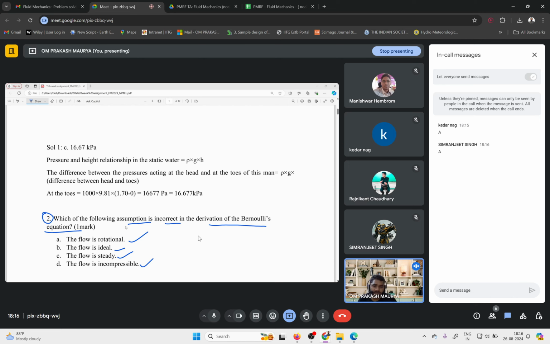Okay, Simranjit is also telling option A. Another student, if you want, write your answer in the chat box. Just refresh your mind and try to remember the assumptions behind Bernoulli's equation, and after that you will give the correct answer.